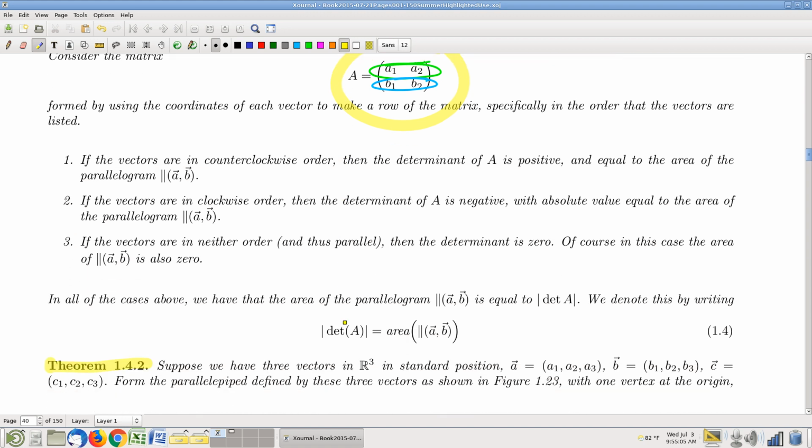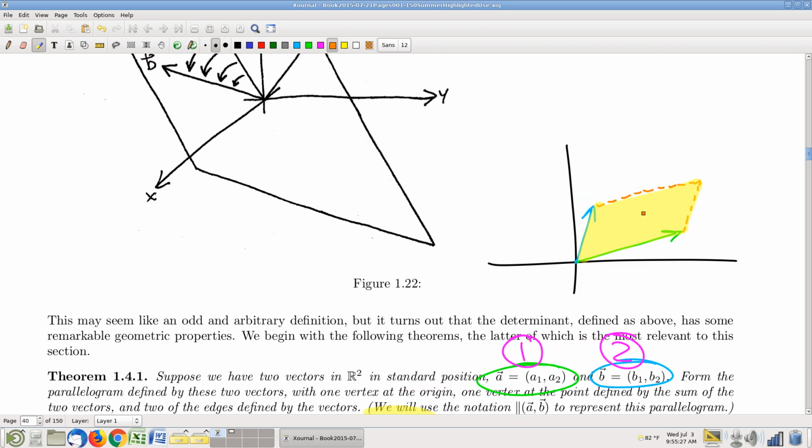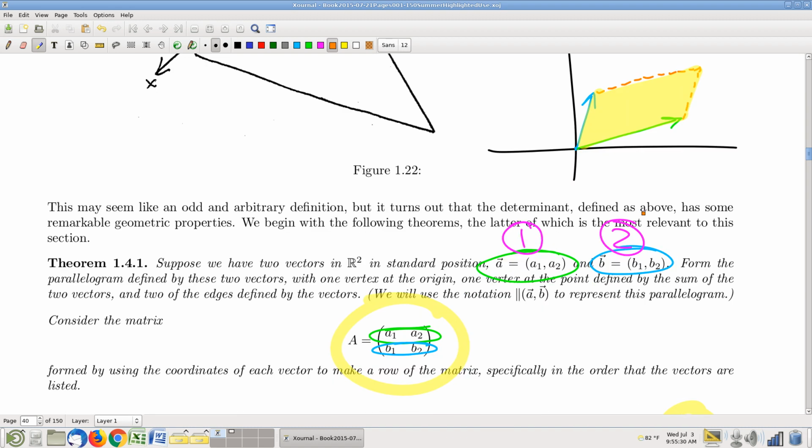So specifically, the area is equal to the absolute value of the determinant. Very surprising. But that's not all. There is another neat fact, and that is the ordering. Keep in mind, A is first, B is second.